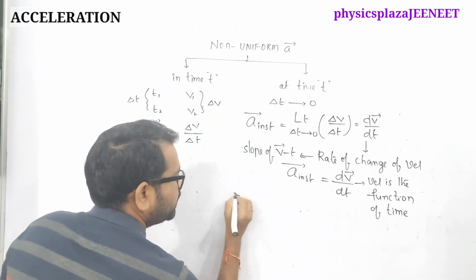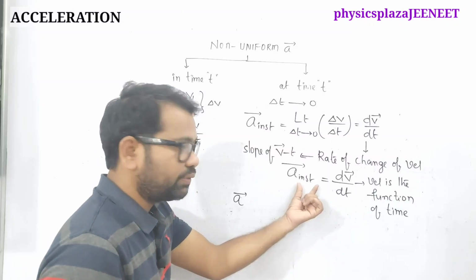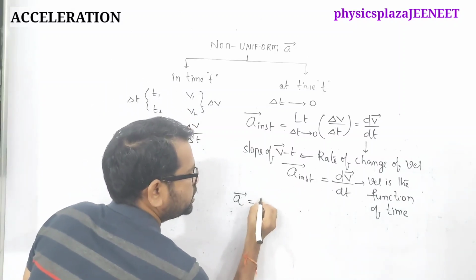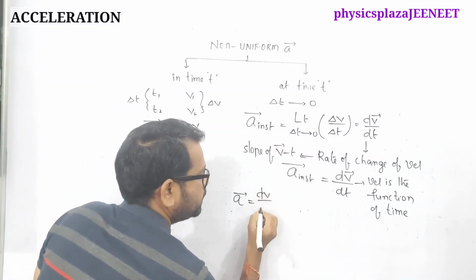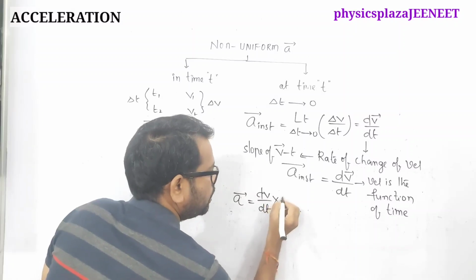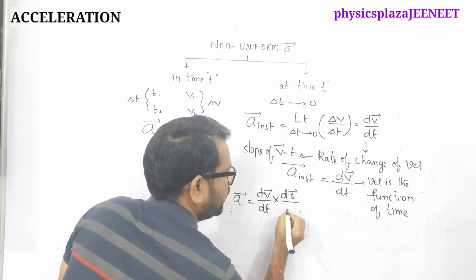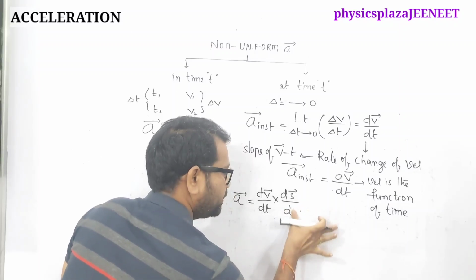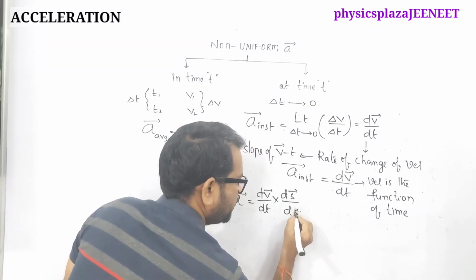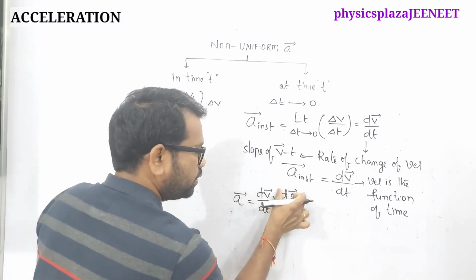Here, acceleration, okay, let us take, I am not going to write instantaneous every time. Acceleration is equal to dv by dt, right? Children, multiply this with ds, the displacement, and divide with the same displacement. Both get cancelled, so this value will be 1 only.